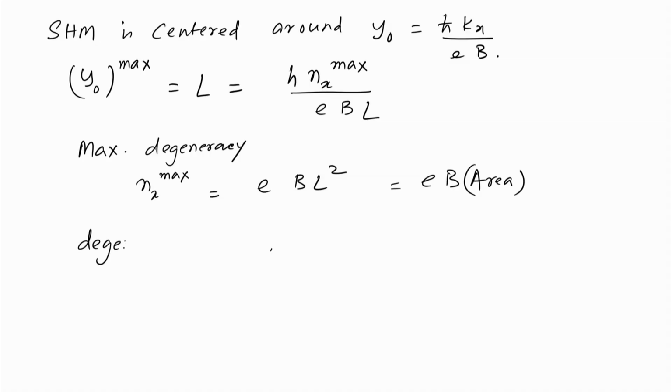So, usually one does not want to keep the area, because that depends on the specific dimensions of the system. So, one can talk about a degeneracy per unit area, which is E into B. Electronic charge is of course constant, so it is proportional to B. So, it depends upon the magnetic field that is there.